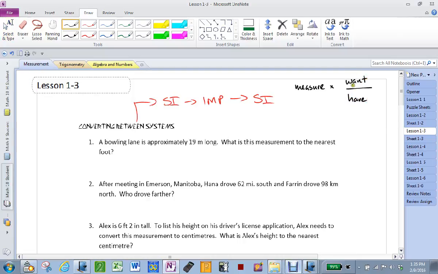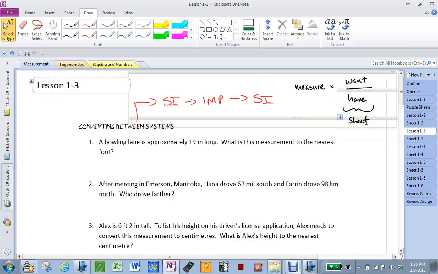And where did we go to find this fraction? In our notes on the sheet, yeah? So that was when we were in the same system. Well, now we're going to be between systems. Do you think the rules change? Of course not. We still go to our sheet.